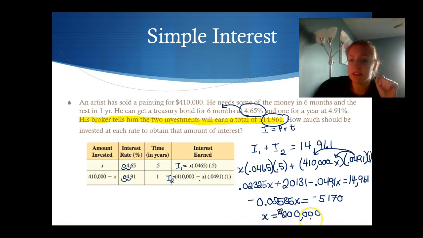So if he's already invested $200,000, that means in the other account, we should take $410,000 and just subtract $200,000. So we're going to get $210,000 that can go into that second investment. So it seems like they're pretty even investments there.